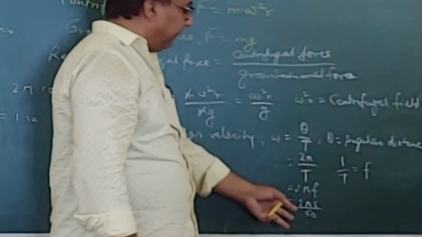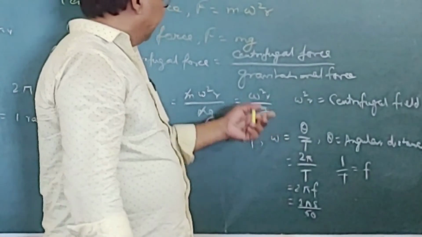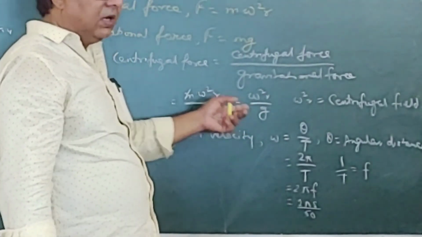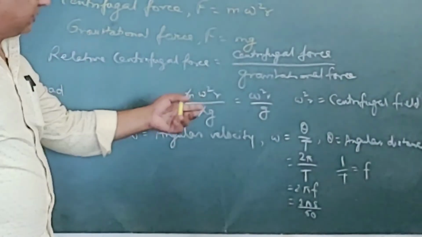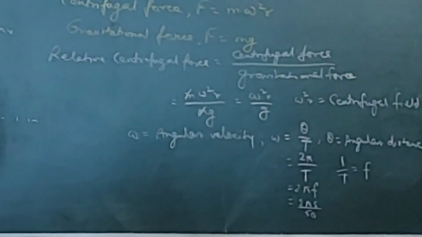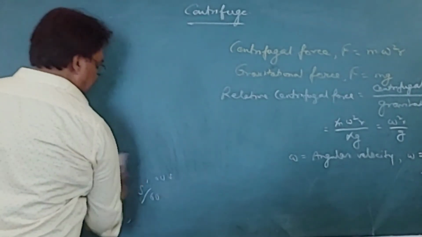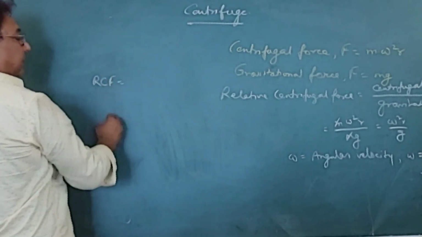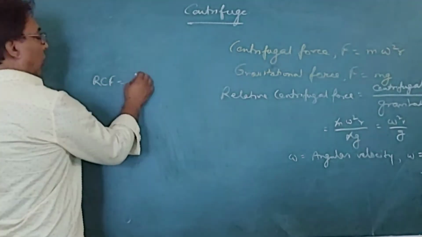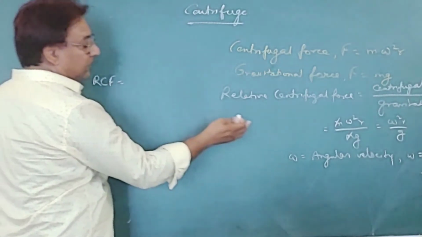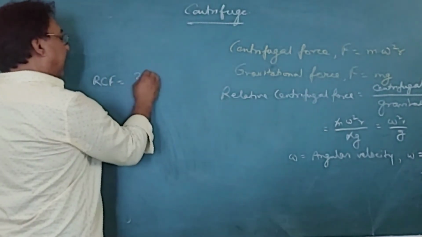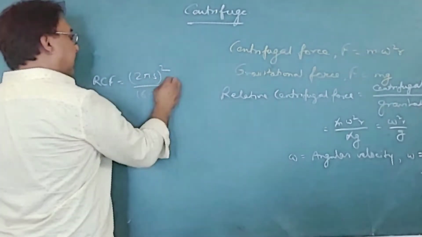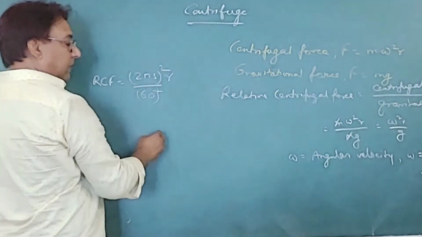Now putting this value of omega in this equation, RCF, relative centrifugal force, will be equal to omega square R. Omega is being replaced by 2 pi S by 60, squared, into R.